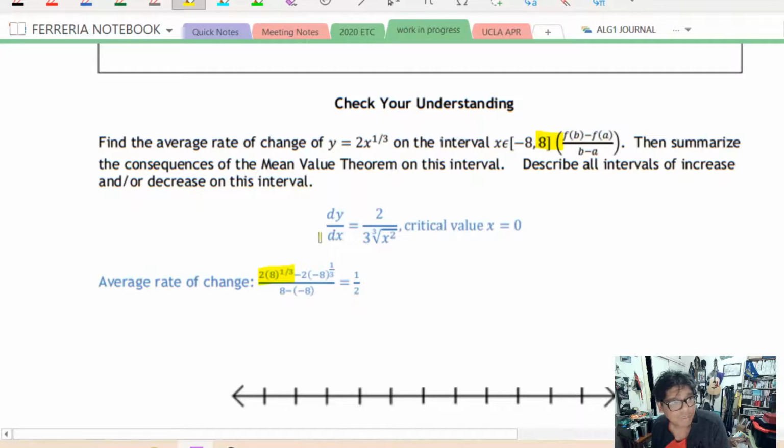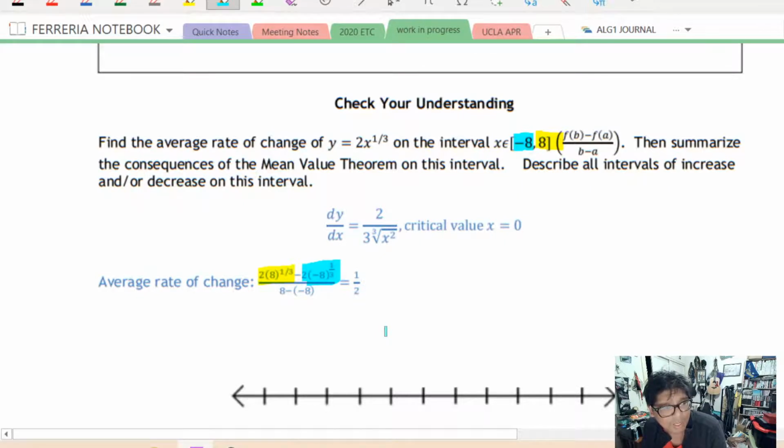Next, we're going to find the function y evaluated at -8. So evaluated at -8, we get 2 multiplied by -8 to the 1/3 power. -8 to the 1/3 power is equal to -2. -2 times 2 is -4.